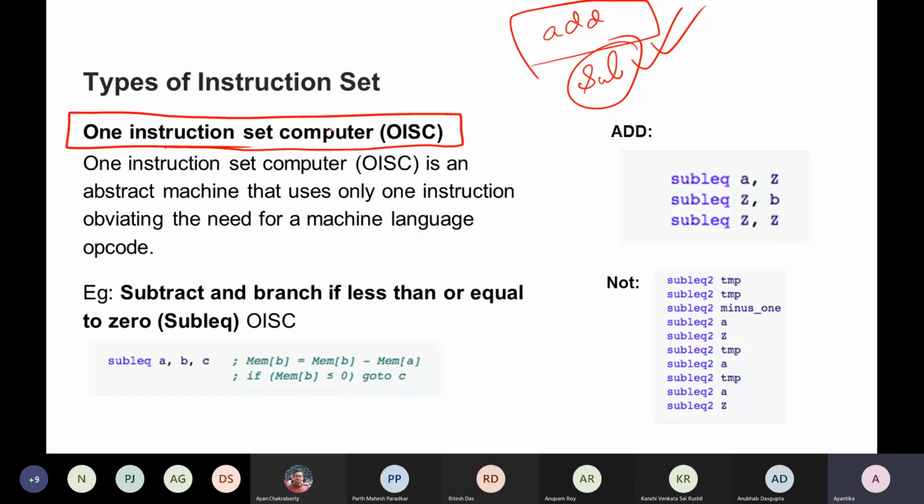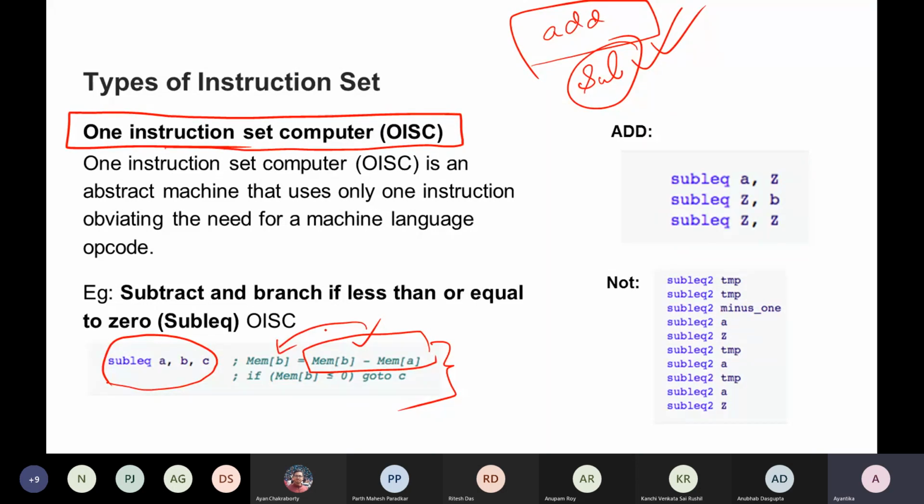In this computer, we have just one instruction. This is the structure of this instruction. What is it telling? This is the name of the instruction, subleq A, B, C, and it takes some values stored in the memory at A and B. Those are memory locations, and it performs this subtraction and stores the result to the memory location B. So what does it mean?